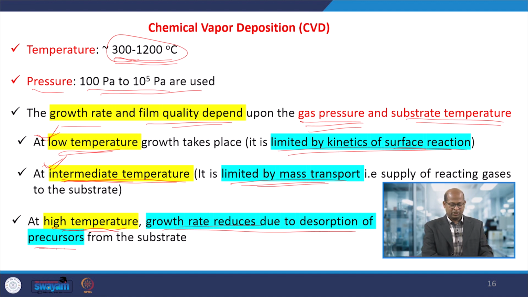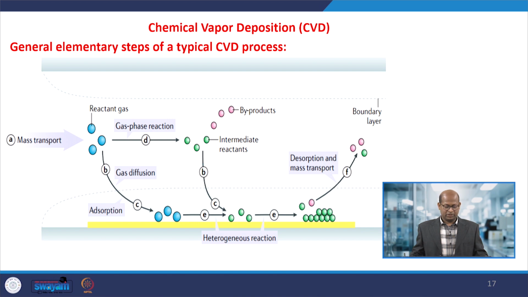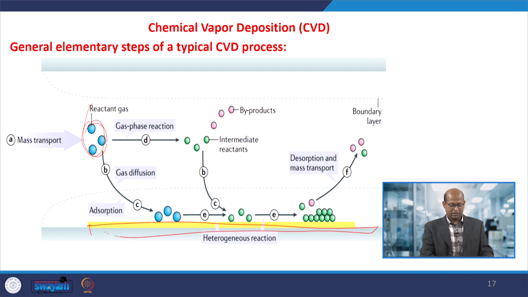From the substrates, here you can see the reactants passing, and here is the substrate or catalyst. When the reactants pass through the hot chamber, they may be converted, or gas phase reactions are possible.